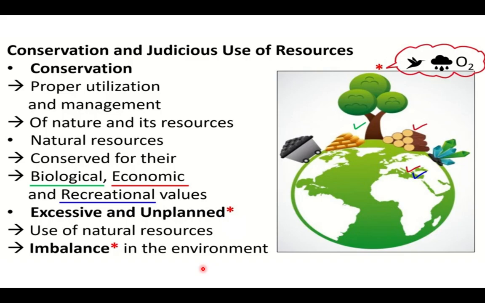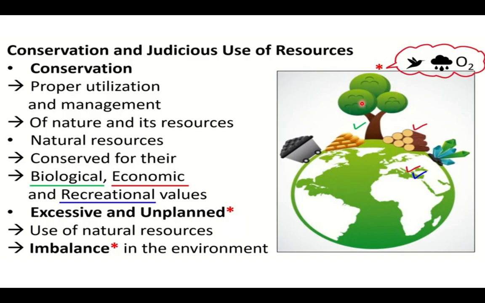For example, take the forest and trees, which are very helpful to us. In what way? They give shelter to the birds, they bring rainfall to us, and they give fresh air, as fresh oxygen is supplied with the help of the plants.